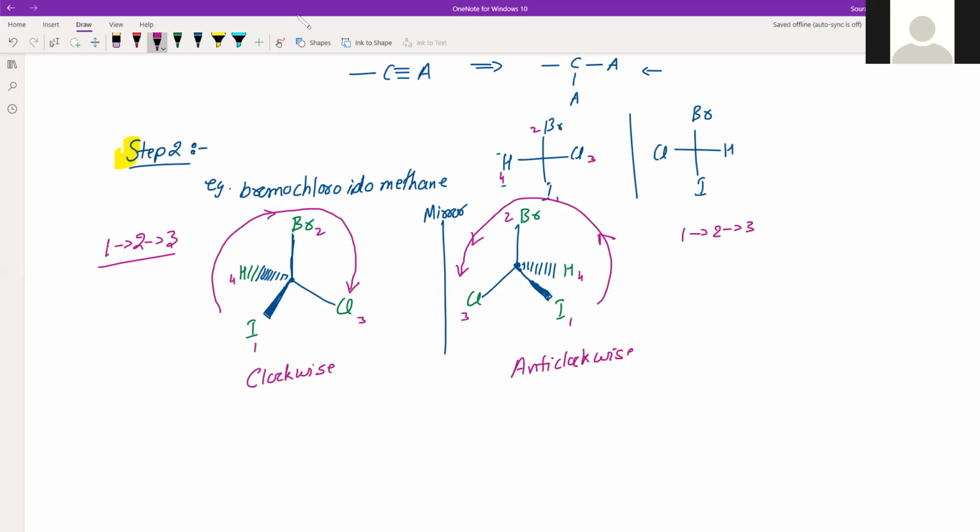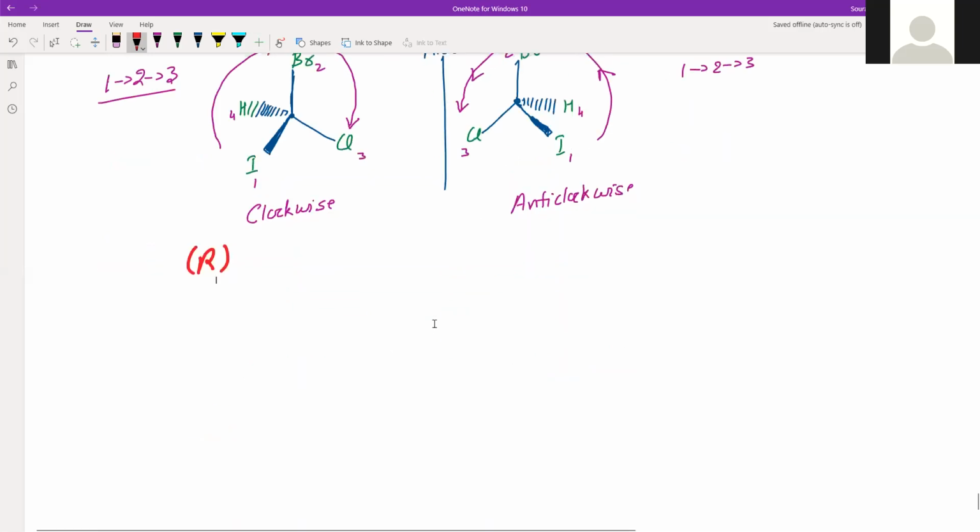So now we have to just assign the name. When we are moving in clockwise direction, we will give it R configuration. So the name here is R. We write it in bracket, because that is just a configuration, right?